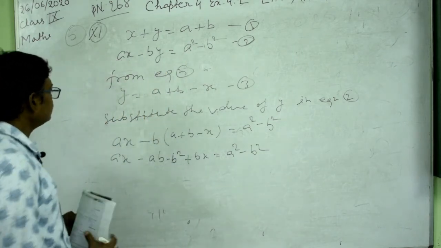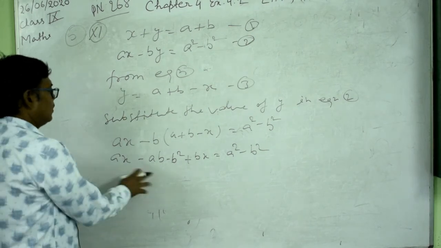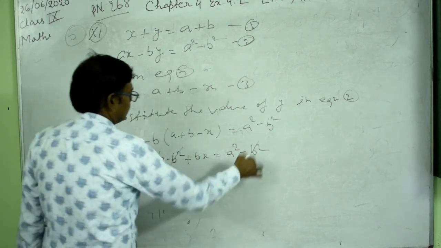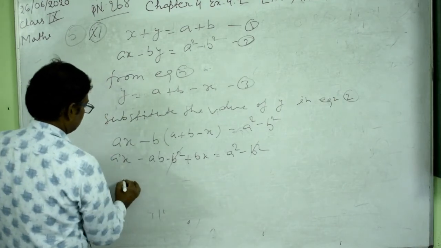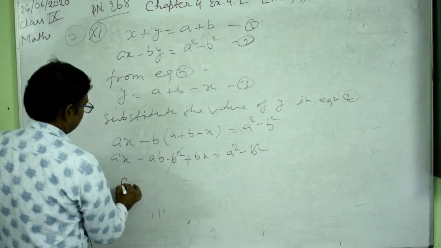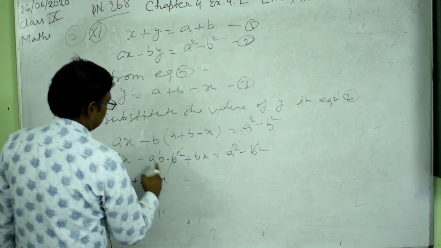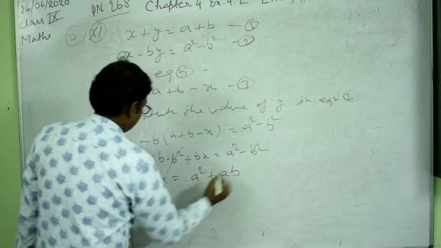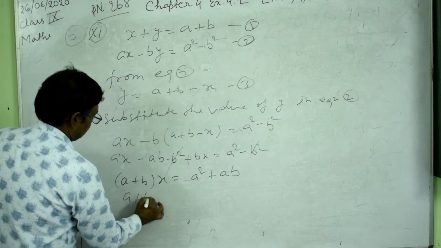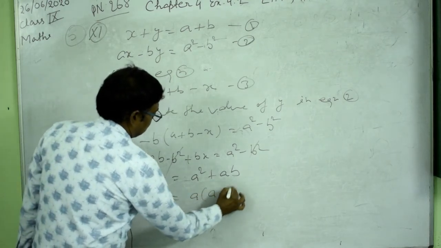So minus b square will cancel out here. Then you have ax plus bx. So you will take common a plus b times x and take this to the other side, that is a square plus ab. So you have a plus b times x equal to a into a plus b.